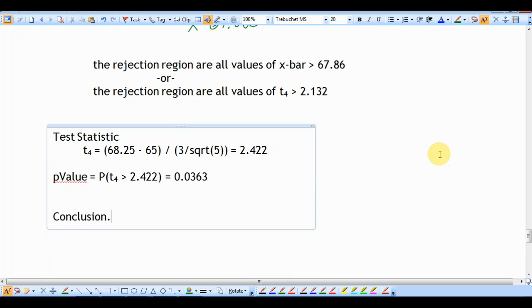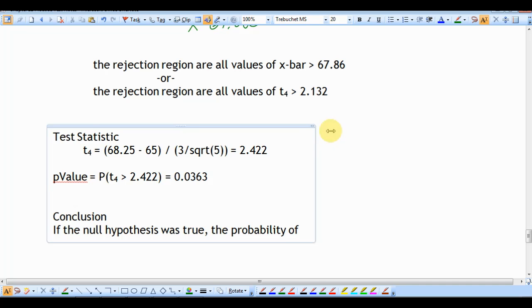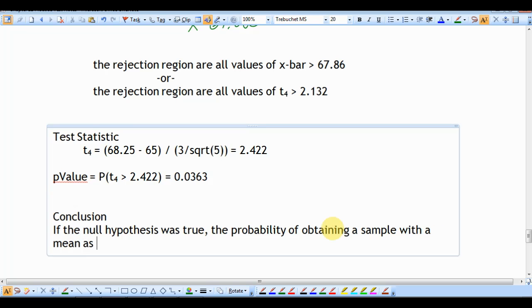Conclusion. If the null hypothesis was true, the probability of a sample with a mean at least as extreme as 68.25 is 3.63%.